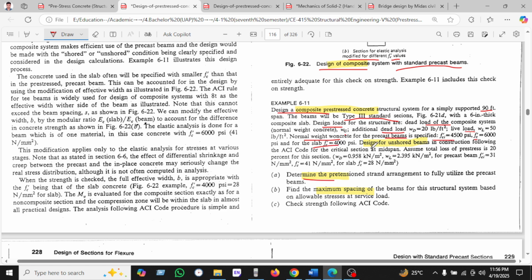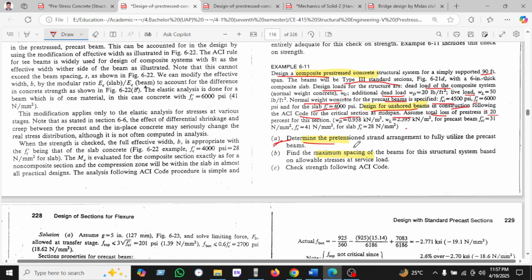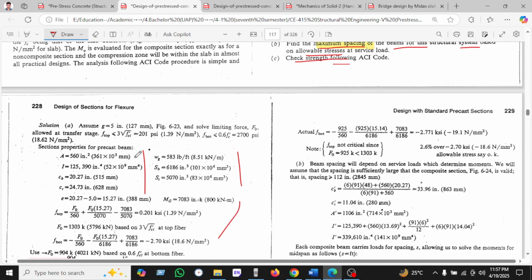Design the unshored beam during construction. The critical section is mid-span; assume the total loss of prestress is 20%. All the data is given. First determine the prestress strand arrangement and full utilization of the prestressed beam, find the maximum span of the beam structural system based on the allowable prestress, and check the strength by the ACI code. Okay, let's see the solution.